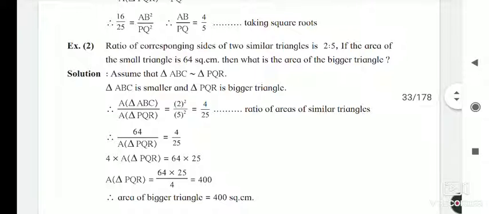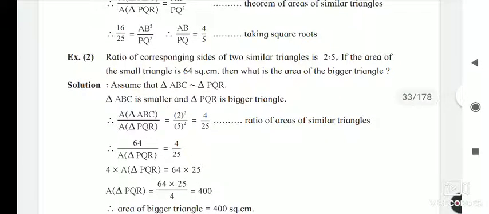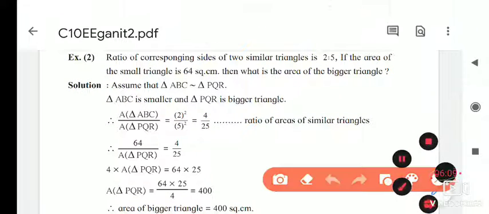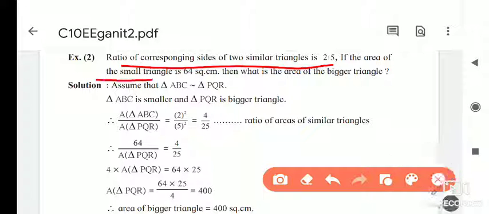Next question: the ratio of corresponding sides is given as 2/5, and the area of the small triangle is given, and we have to find the area of the bigger triangle. Here the triangle names are not given, so we have to assume the triangles. We are assuming triangle ABC is similar to triangle PQR, and of these two triangles ABC is the bigger one.